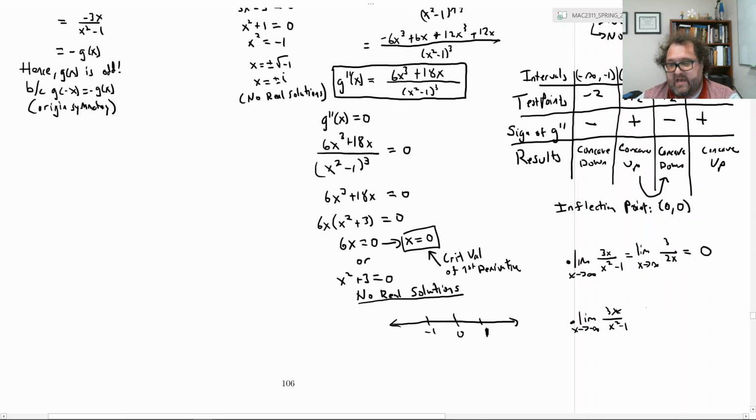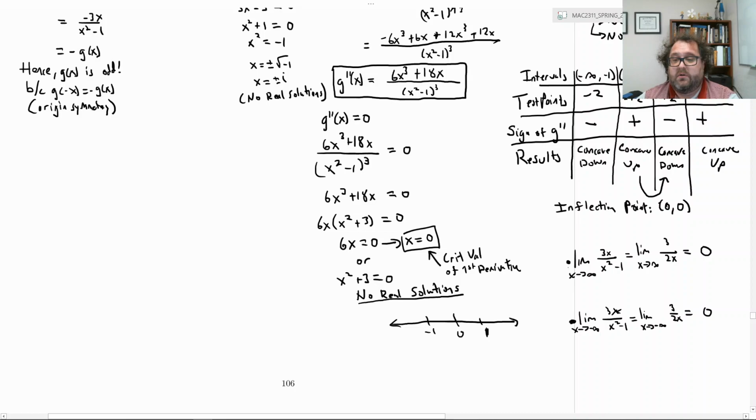And notice you get the exact same thing, which is to be expected, with the limit as x goes to negative infinity. Because again, if you apply L'Hopital's rule, which you can because it's in negative infinity over positive infinity form, you get 3 over 2x, which again, the denominator is increasing and the numerator is static. It has to tend towards 0. So what do these two things tell us?